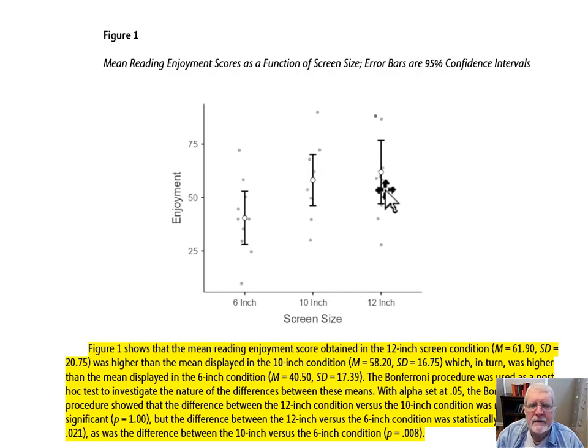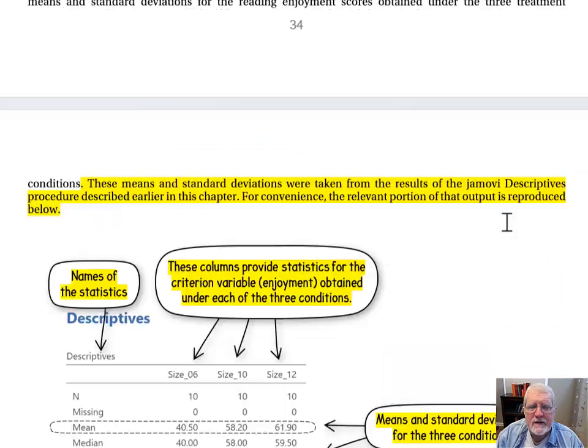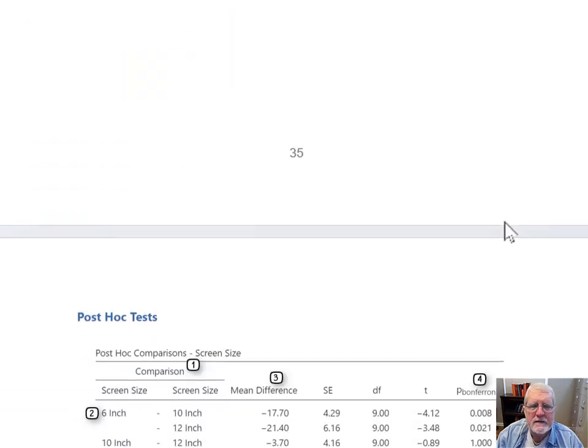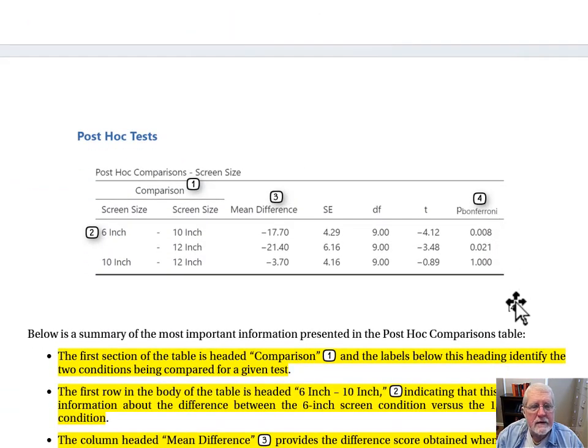And it makes sense, doesn't it? There's hardly any difference between these two means. But the difference between the 6-inch versus 10-inch condition was significant. The difference between the 6-inch versus 12-inch condition was also significant. So those post hoc test results do make sense given the nature of the figure that we've just reviewed.